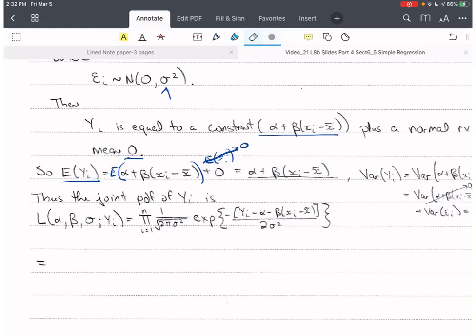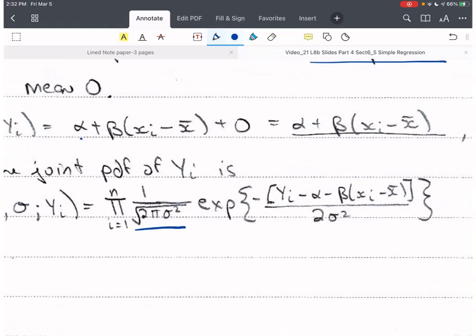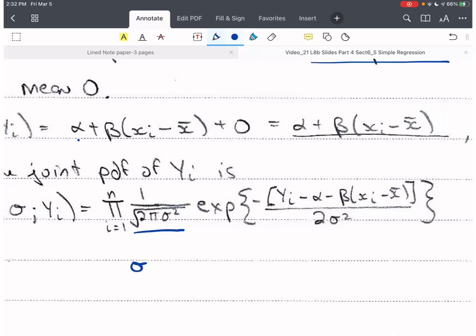So if yi is normally distributed with a mean of alpha plus beta times xi minus x bar and a variance of sigma squared, then we can write the PDF as 1 over the square root of 2 pi sigma squared. So instead of having sigma times 2 pi, we've moved that inside the square root.